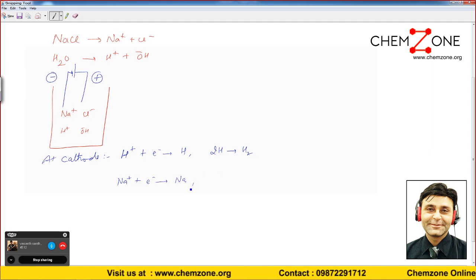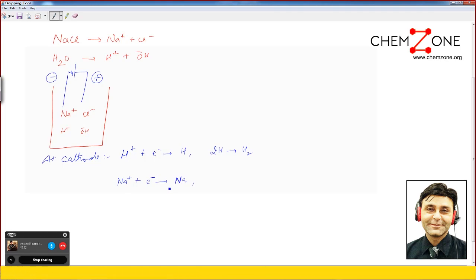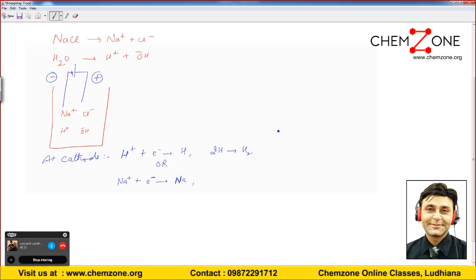Right? Or sodium positive may gain one electron and become sodium atom here. Getting me? So either one of the two processes will take place, not both. Either hydrogen gas is produced or sodium will be produced.